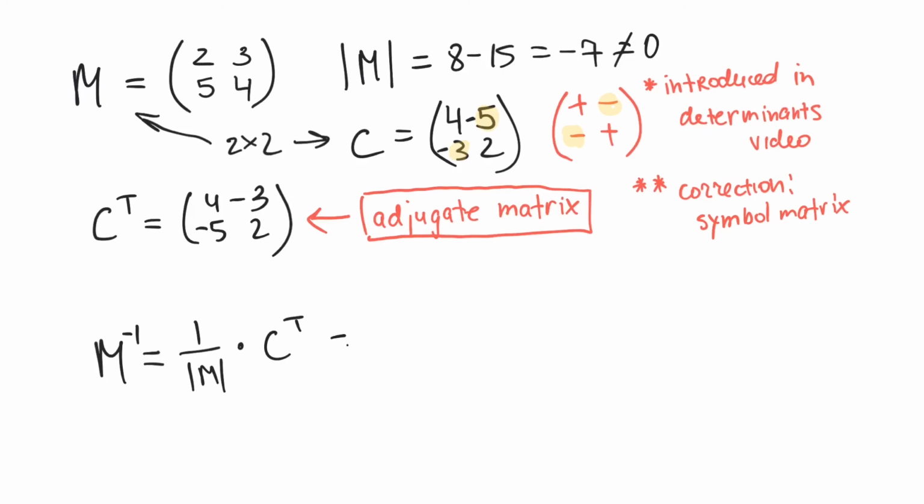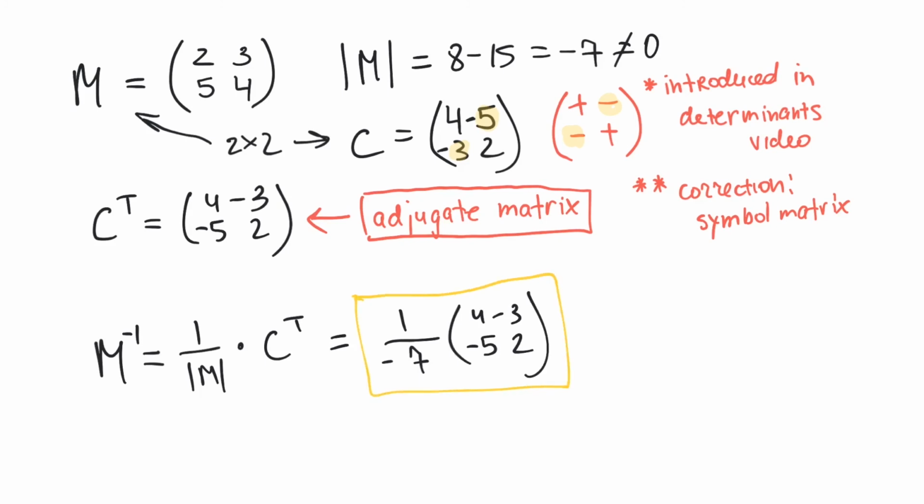And this essentially gives us our inverse of matrix M. And I say it's a good idea to leave this 1 over -7 out, just so that we avoid those nasty fractions if we try to multiply every term by 1 over -7. And there you go. So that's that for a 2x2 matrix.